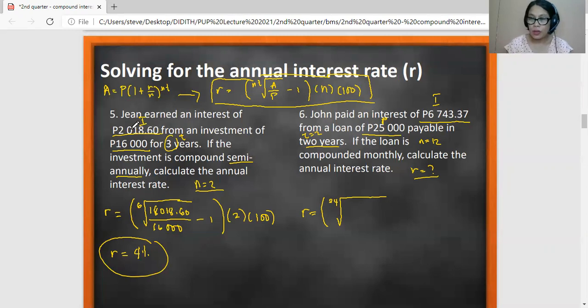So we have 31,743.37 all over the principal amount, which is 25,000 pesos, minus 1, times the compounding period 12, and times 100 to convert the rate to percent. So we have 12%.